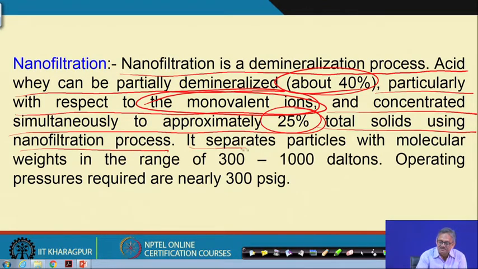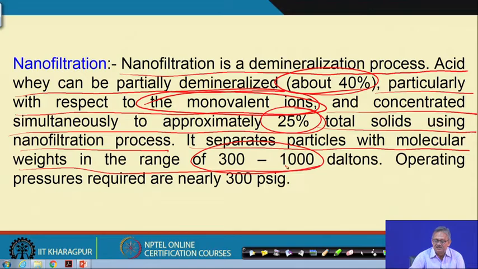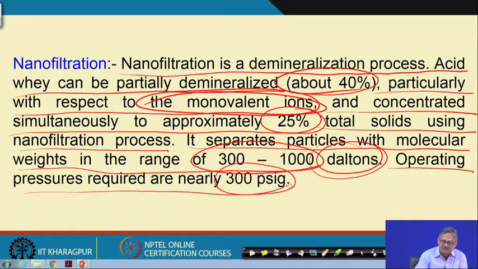It separates particles with molecular weights in the range of 300 to 1000 daltons. So this 300 to 1000 daltons can be separated with nanofiltration, and operating pressure requires nearly 300 psig.